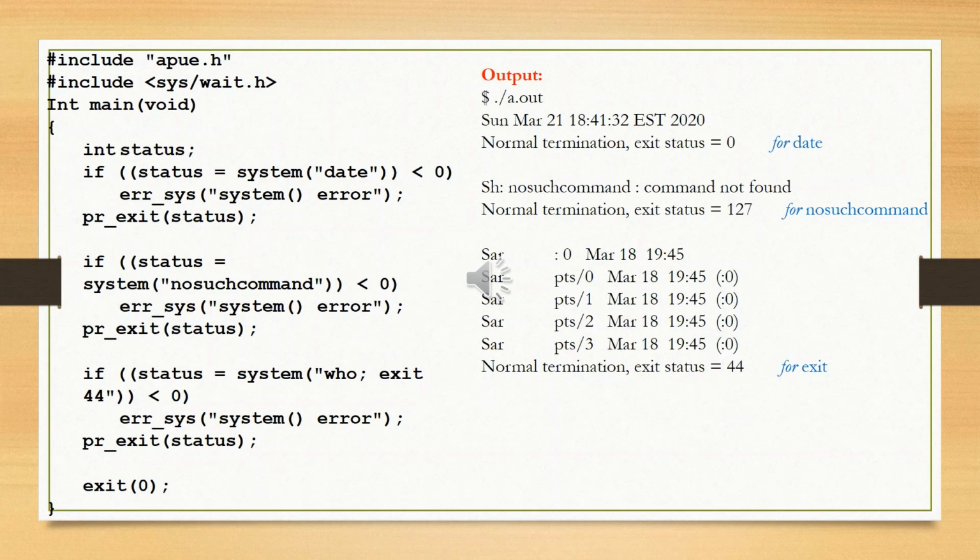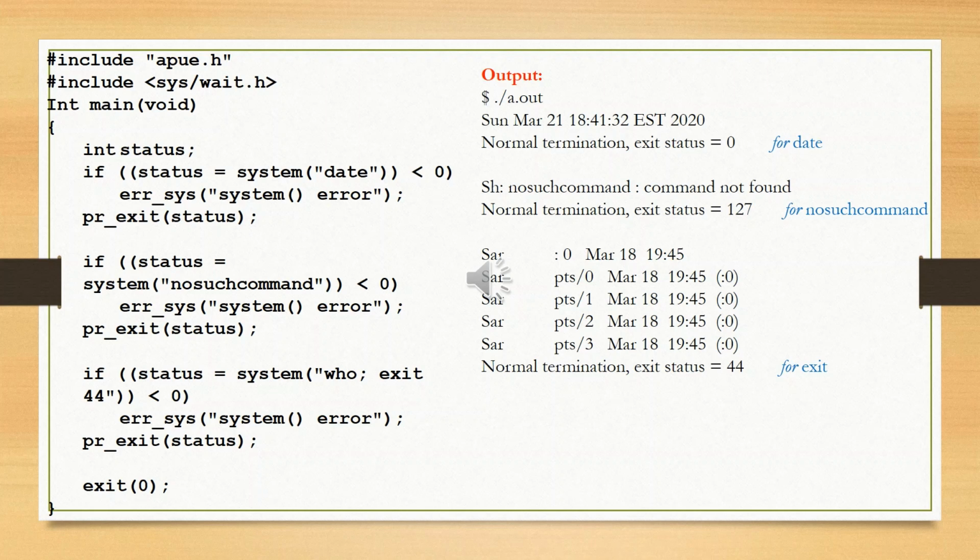Here this is the main program. Then it prints the integer type of status. If status equal to system(date) is less than 0, then that is a system error. Automatically call the system error information, then you call the predefined exit function with status if it is less than 0.